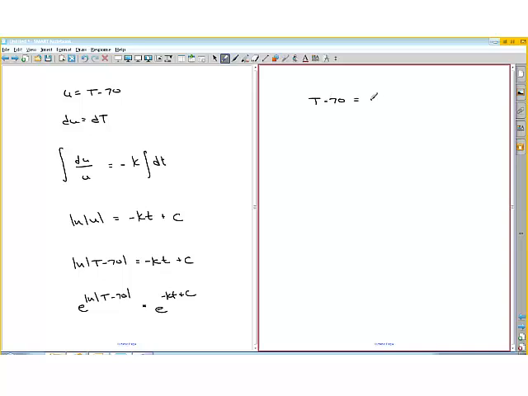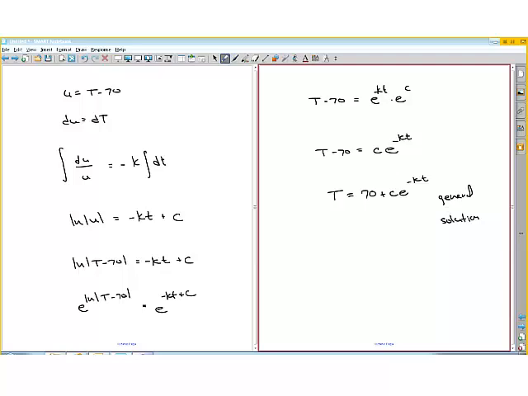The right-hand side we can break into e to the minus kt times e to the C, but e to the C just becomes C. So we get C times e to the minus kt. And if we solve for T, we add 70 to both sides, so we get plus 70. That goes to 0. So this is our general solution, because we have not evaluated the arbitrary constant.